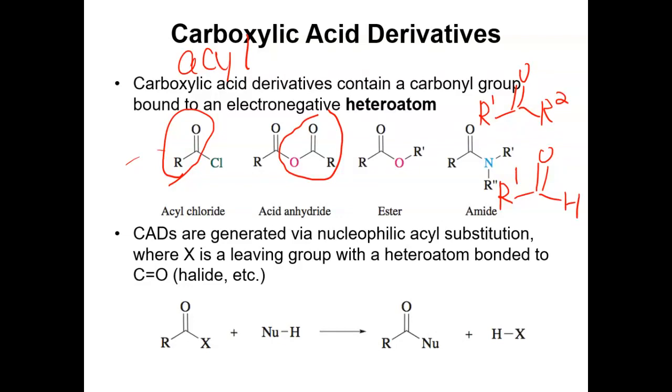Leaving group quality is directly associated with what property of the group? Basicity, excellent. So what kind of basicity is good for a leaving group? Low basicity or high basicity? Low, yes. So when we say leaving group, we also talk about the electrons going with it.